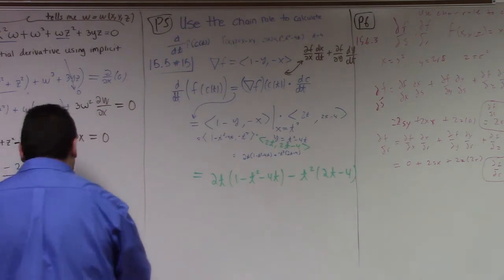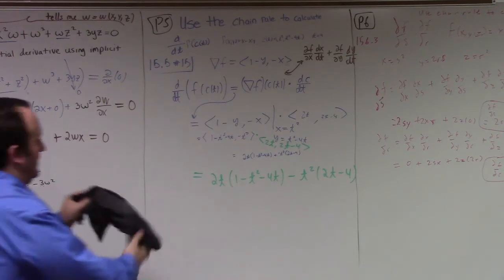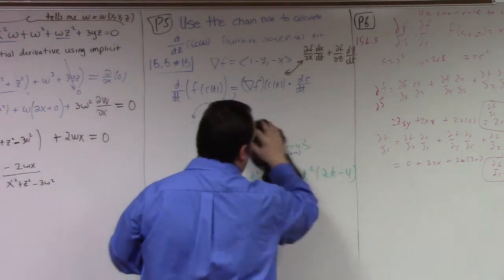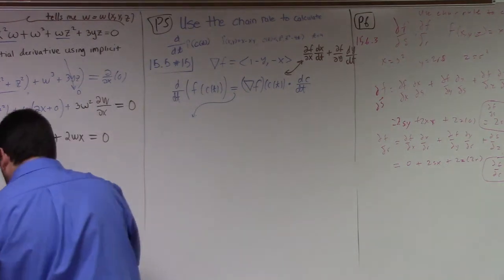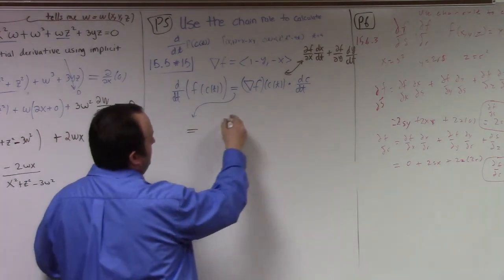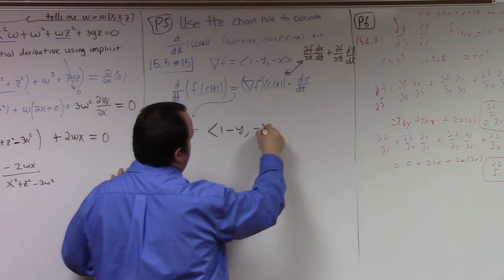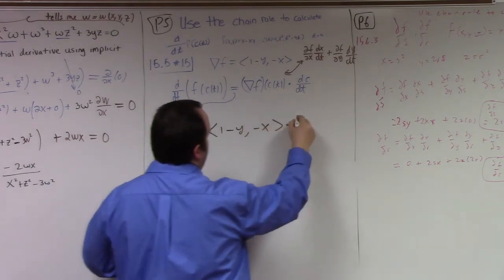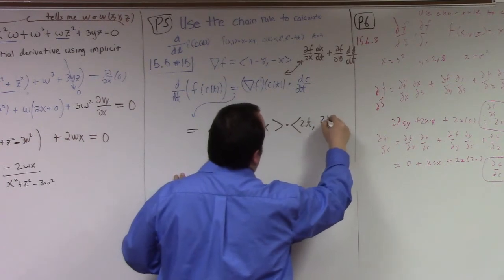And rather than trying to assign blame, let me just work it carefully in writing that we can all see. So I'm going to scratch that because I know there's an error in there. Sorry. All right, so we've got 1 minus y, minus x dotted with dc dt, which is 2t minus 4.